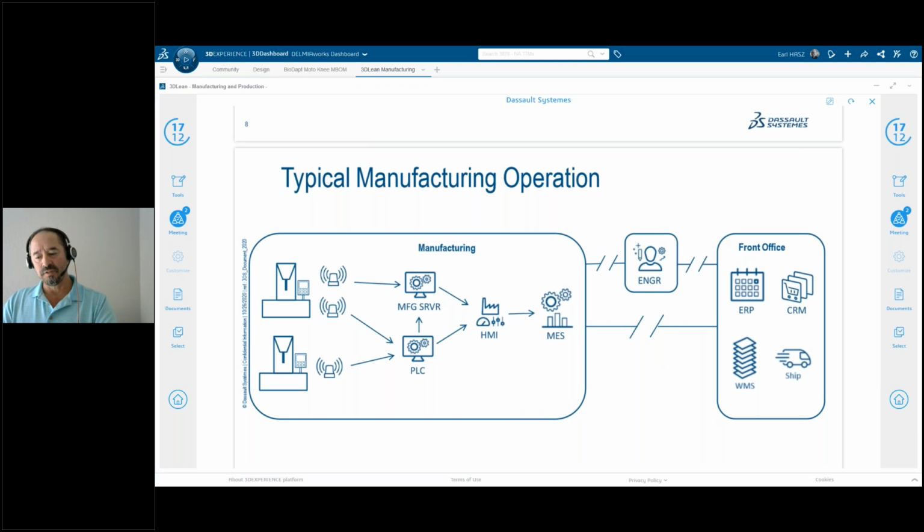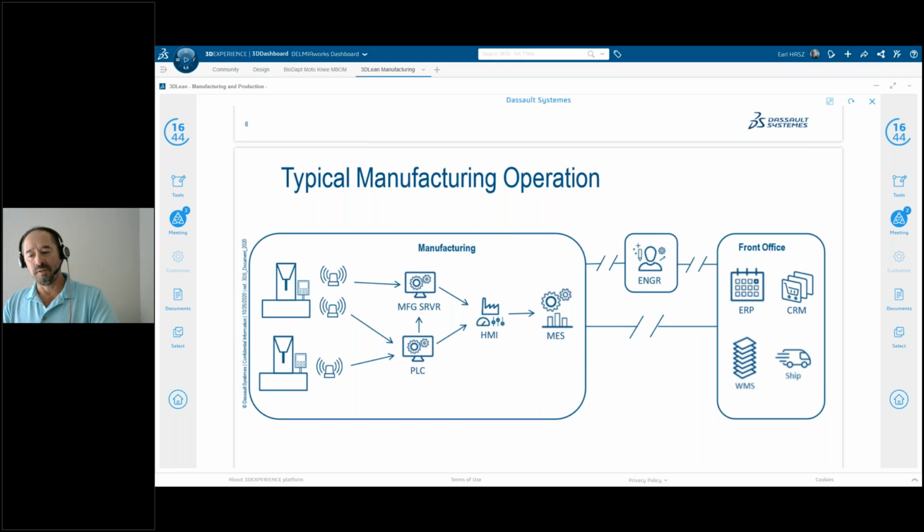Over here in the front office, you have your ERP, CRM, inventory, warehousing, and shipping applications. Design and engineering lives over here, typically disconnected from the front office and from the manufacturing floor. In fact, we visit customers all the time who have SolidWorks open on one screen, their ERP, Excel, and email open on another, and they work back and forth as necessary as part of their daily routine.